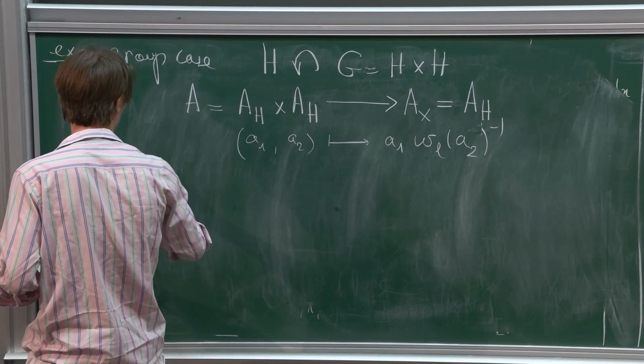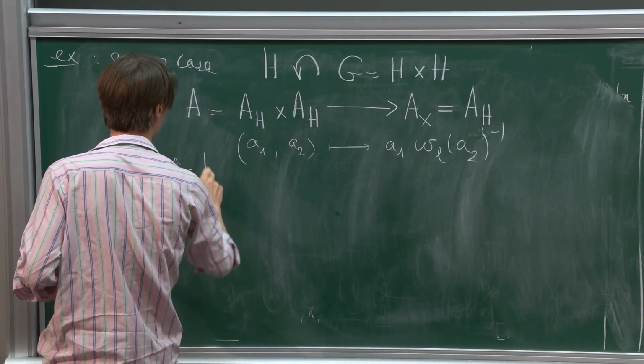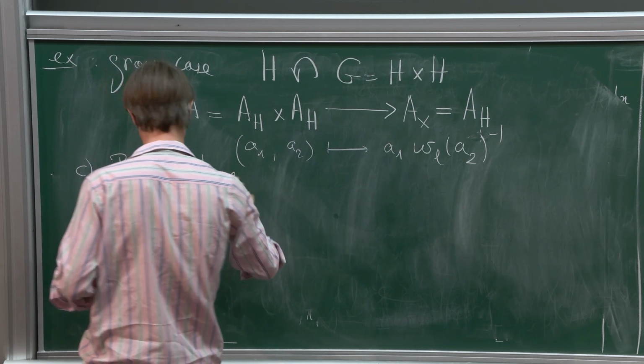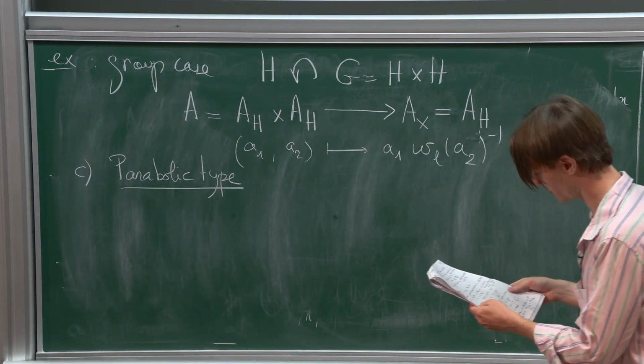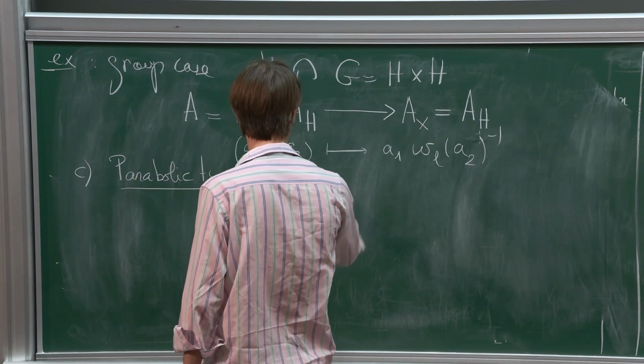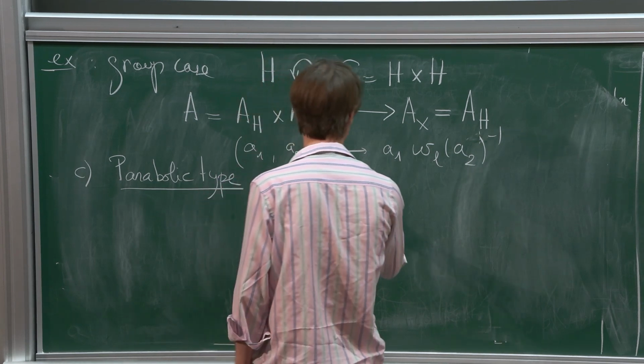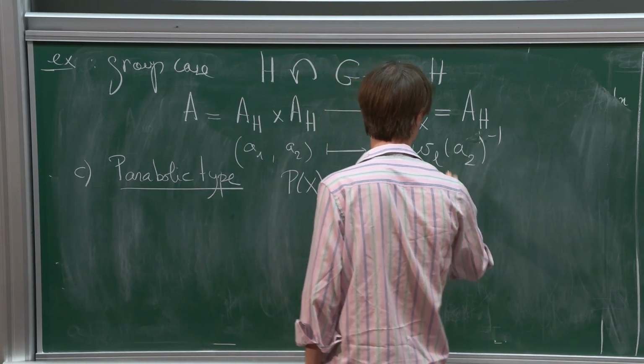Now a third invariant, which is called parabolic type. For the moment, these are the easy invariants. The definition is a parabolic subgroup, which is the stabilizer of the open B orbit.